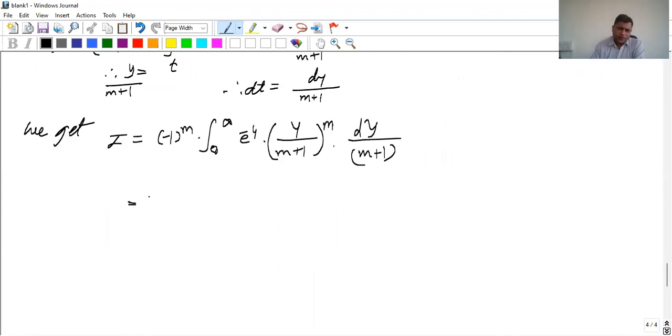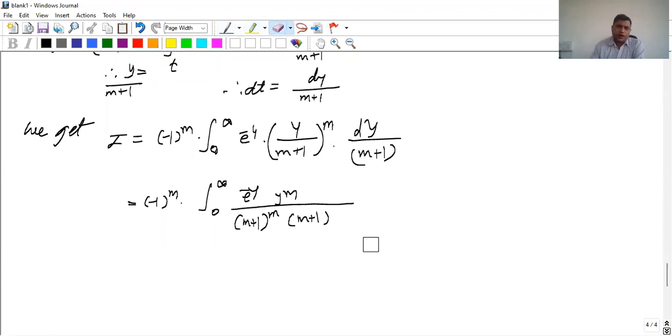Okay. So this is what you will be having. Now simplify. So this is (-1)^m integral 0 to infinity, e^(-y) y^m on (m+1)^m, and again you have (m+1), and this is going to be dy.